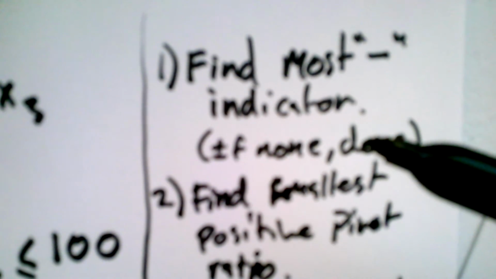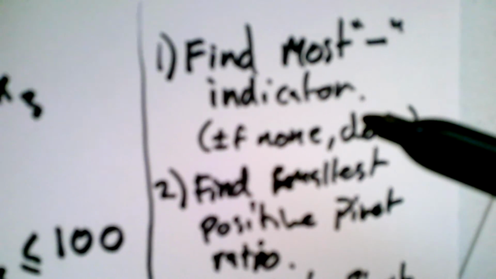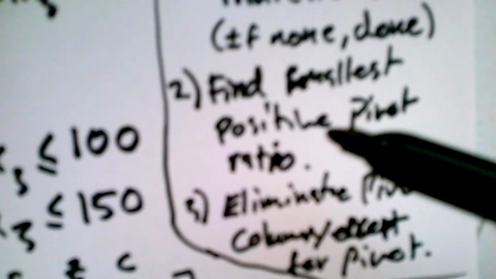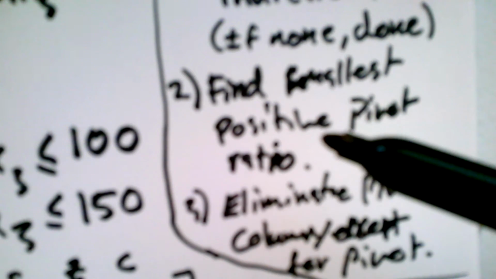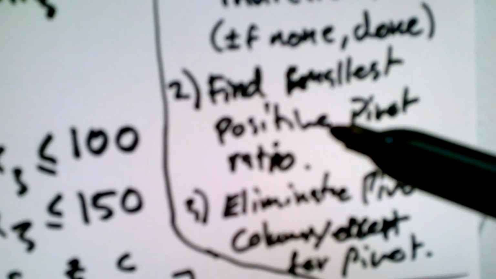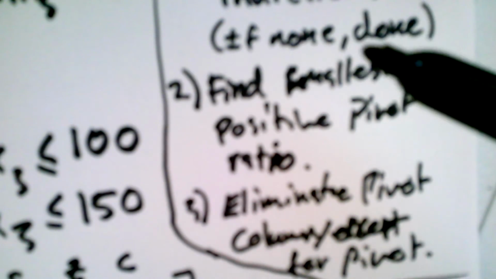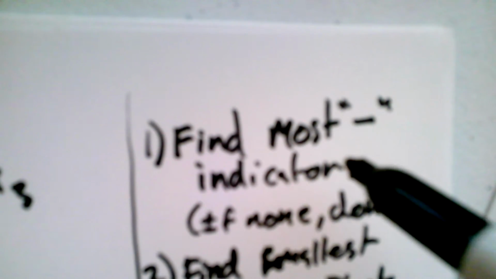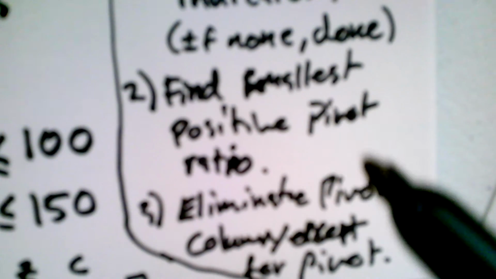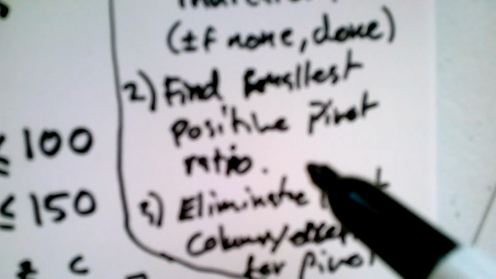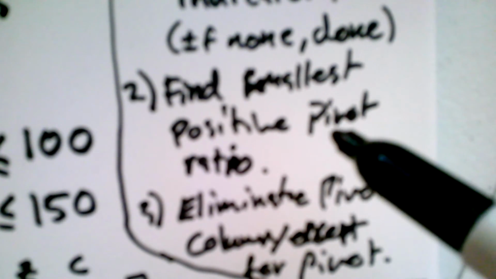If none, you're done with your matrix and you get to read off your entries. 2, find the smallest positive pivot ratio. If there's no positive pivot ratio, then you have no solution, which is different from being done. Having all non-negative indicators means that you are done, you have an answer. Having no positive ratios means that you're done, there's no solution.